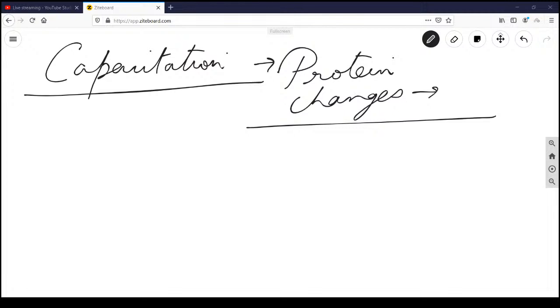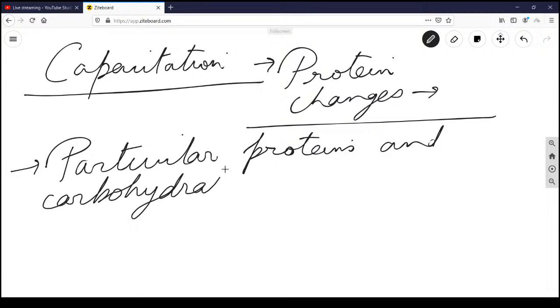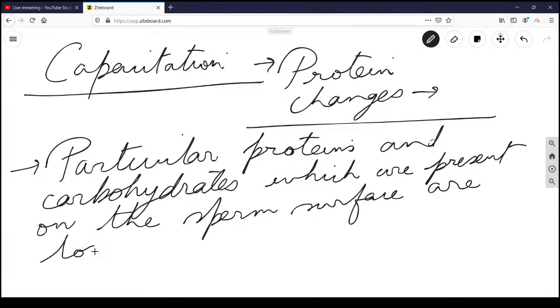Particular proteins and also carbohydrates present on the sperm surface, the plasma membrane, are lost during the process of capacitation.